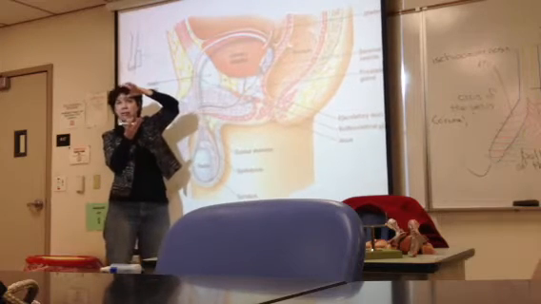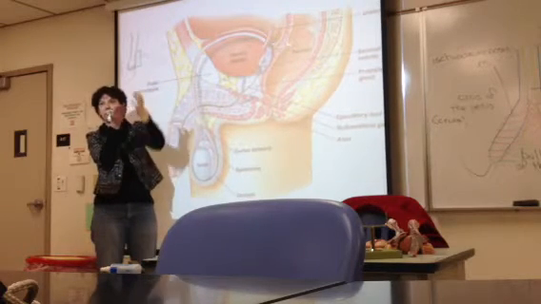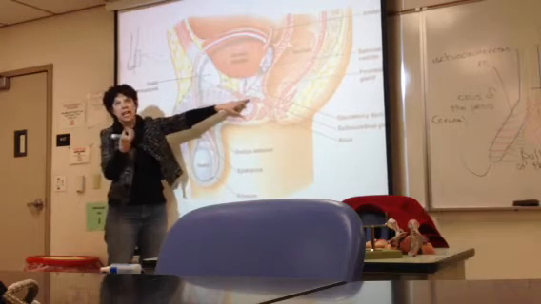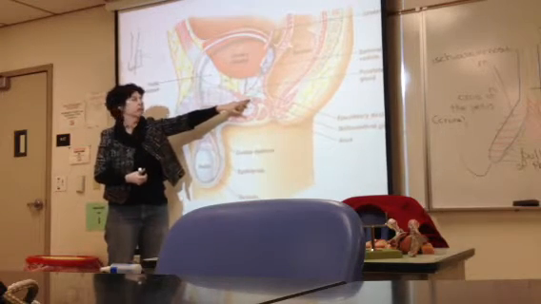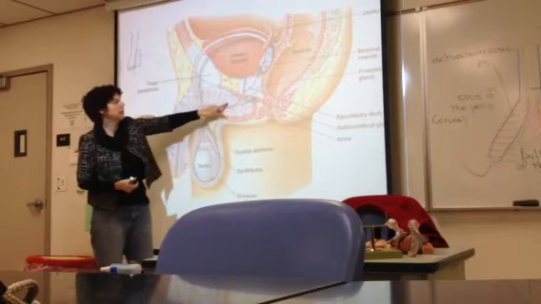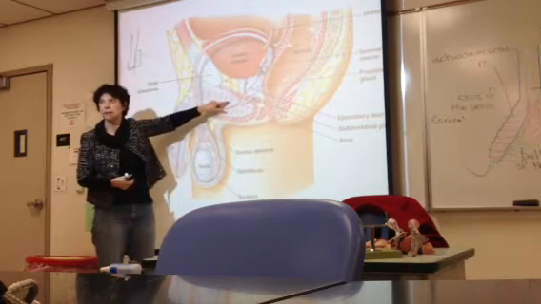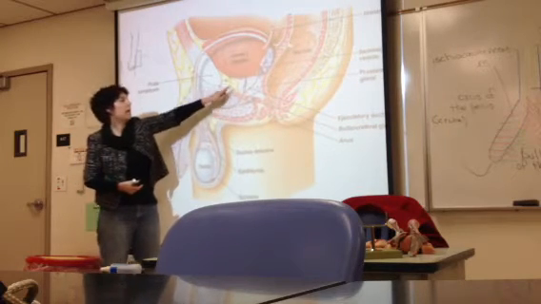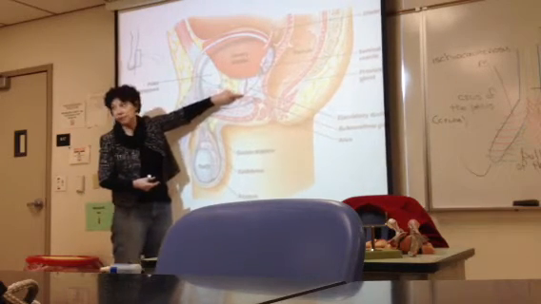So the prostate gland is going to be here. Then you're going to have the muscle, and then you're going to have the bulbourethral glands kind of embedded up within that. Here's the bulb of the penis, and you can see the urethra passing through. So we have prostatic urethra.